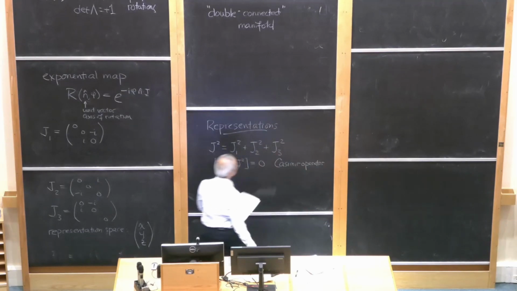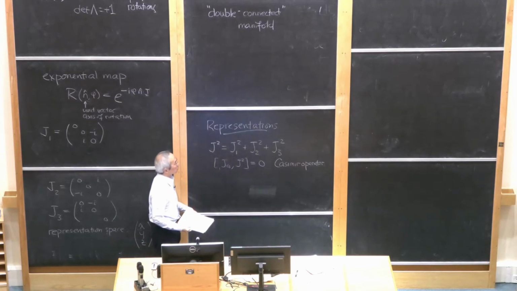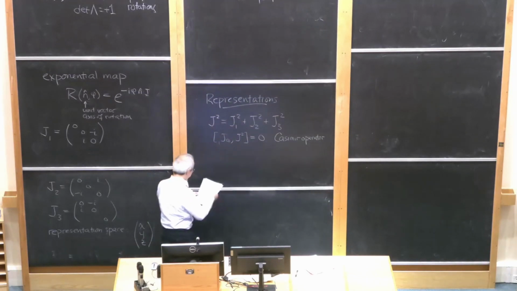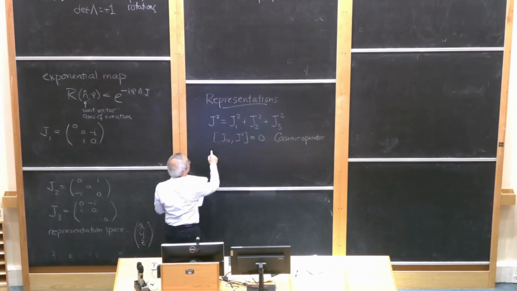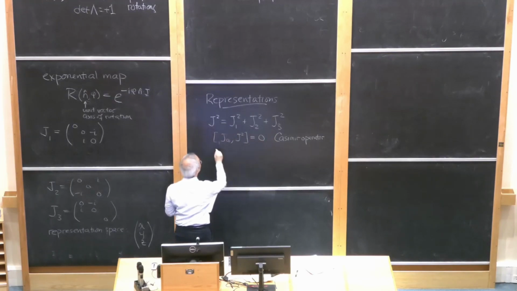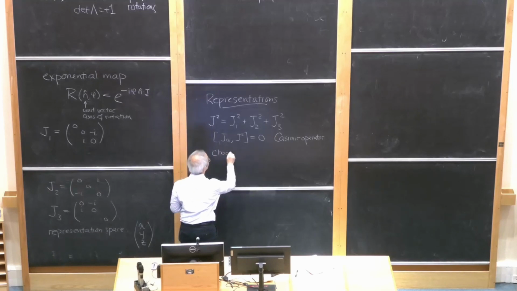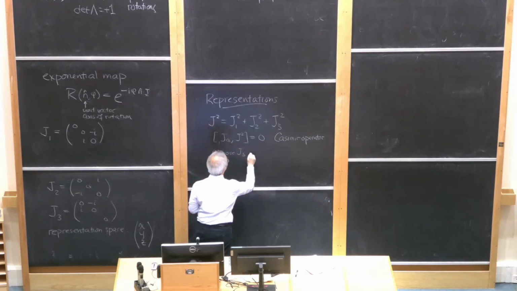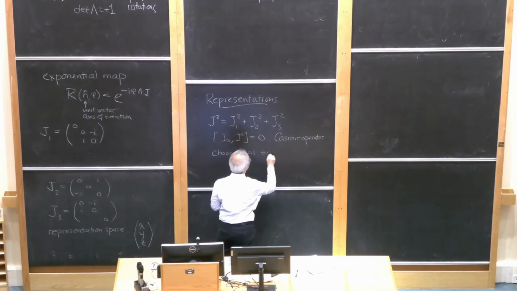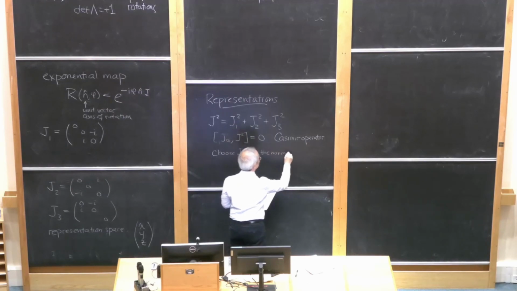In the case of SO(3), there's only one Casimir operator. Some groups will actually have multiple Casimir operators. And then we'll usually choose one as a special direction. So we'll choose the third direction, J3, as the normative direction, I guess we'll call it.